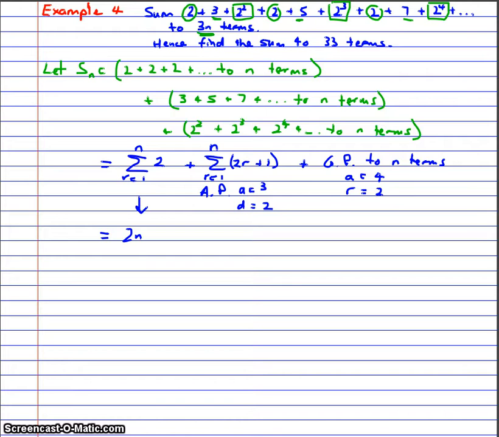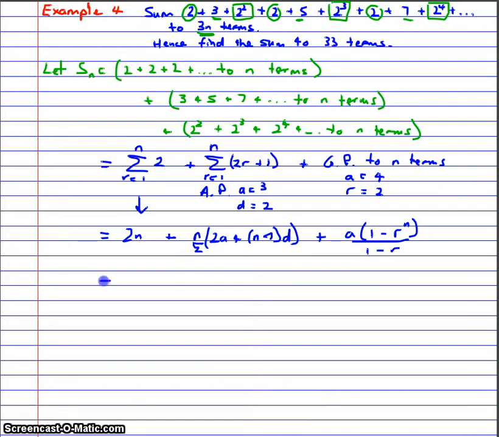So we're going to then add, remember, the sum to n terms of an arithmetic progression or an arithmetic series is n over 2 outside of 2a plus n minus 1 d. And the sum to n terms of a geometric progression is a outside of 1 minus r to the n over 1 minus r. So we can just use that.